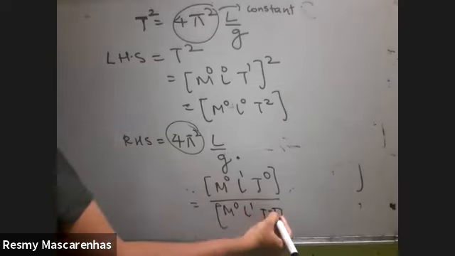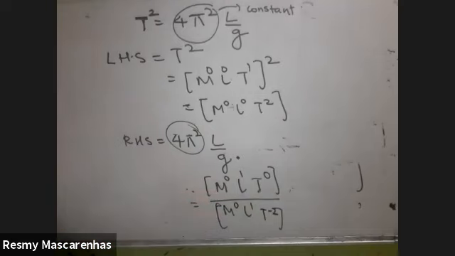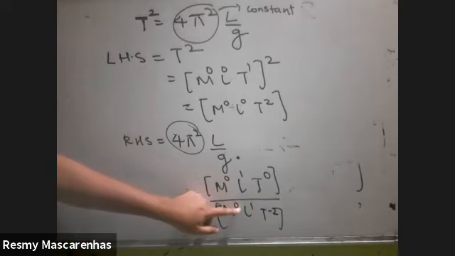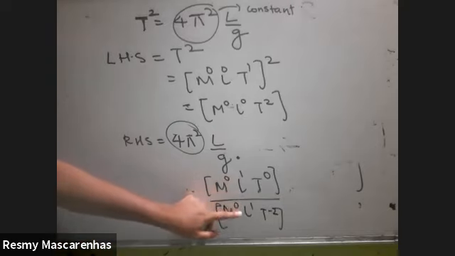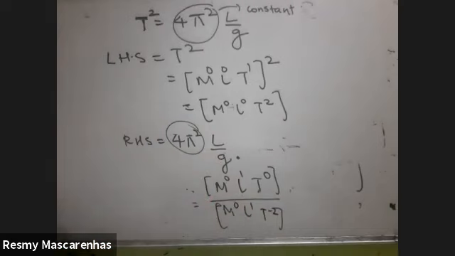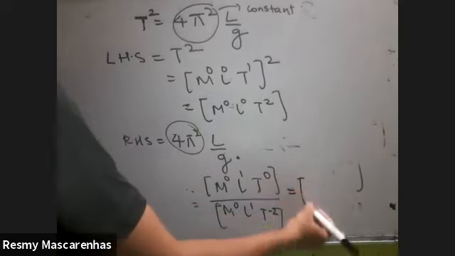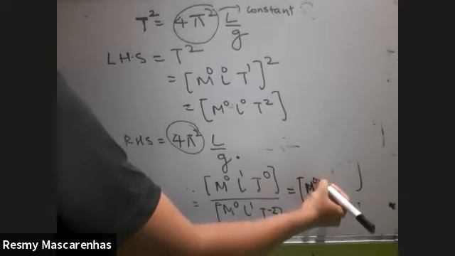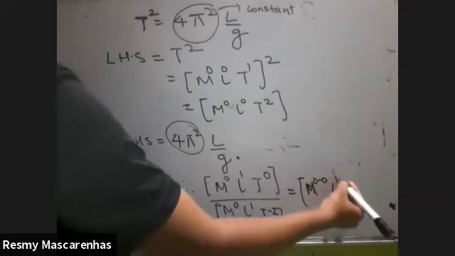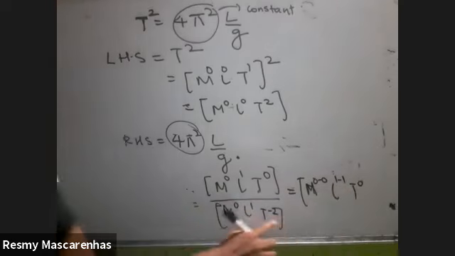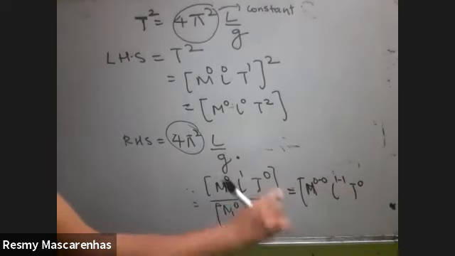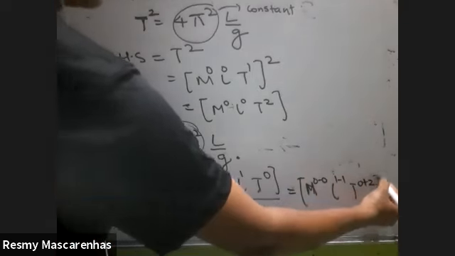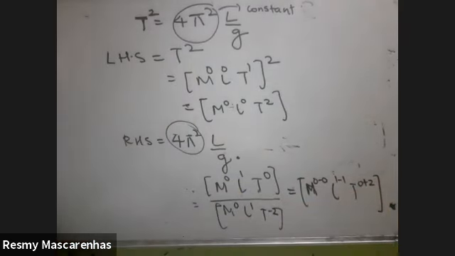Now it is a division, numerator upon denominator. So what you have to do is always take the powers from the denominator up. And when they are taken up, the sign changes: if here it is plus, it will become minus. So what you will get is M0 minus 0, L1 minus 1, and here it is already minus 2, and when you take it up, it will become plus 2.